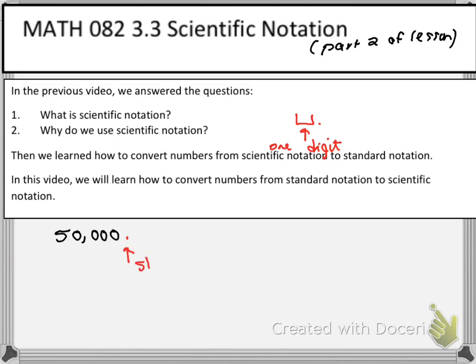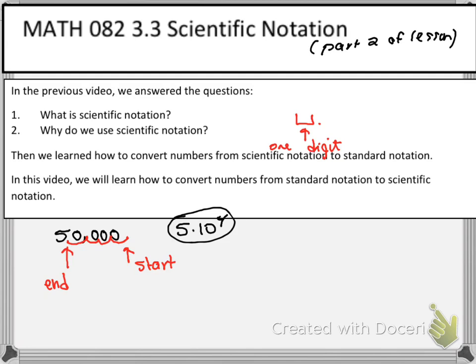So my decimal point is going to start here, and it needs to end or stop right in front of the 5. So let's count. 1, 2, 3, 4. So that means that 50,000 is 5 times 10 to the 4th power.